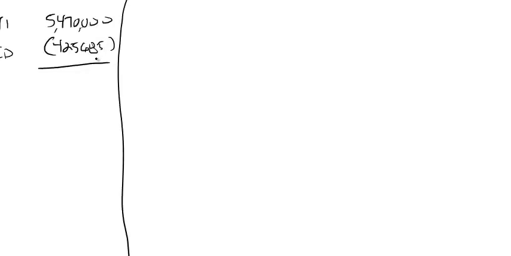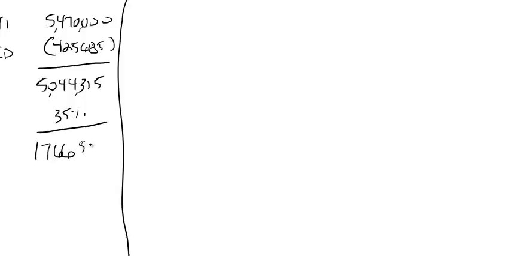Okay. So after I factor in that deduction, our taxable income for federal purposes is $5,044,315. And our tax rate is 35%, and that tax is 1,766,510.